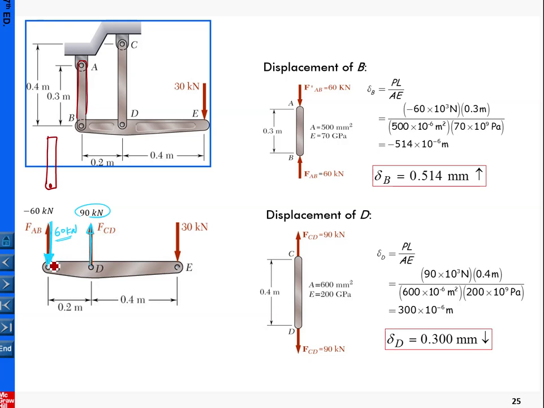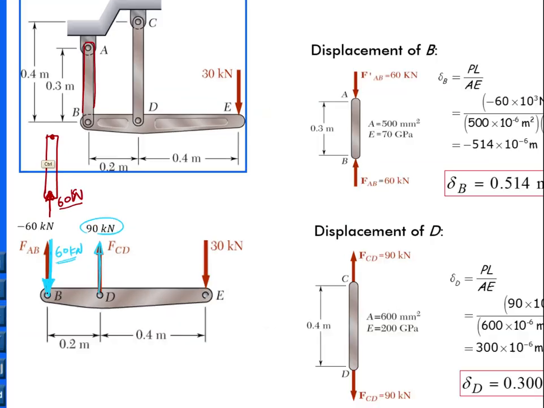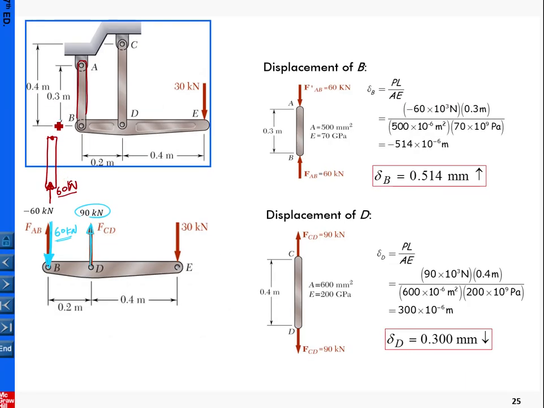At pin B this is 60, so here it must be 60 kilonewtons in these directions, because at pin B it is the same thing, action reaction: the same magnitude but opposite direction. So from here we determined the force applied to member AB, and on the other side, A is here, and in this whole free body diagram, the action reaction must be in equilibrium, so the force here is 60 kilonewtons.